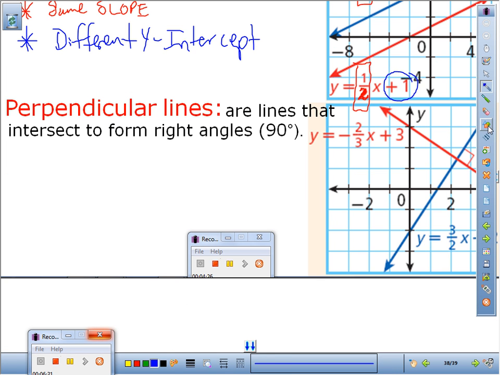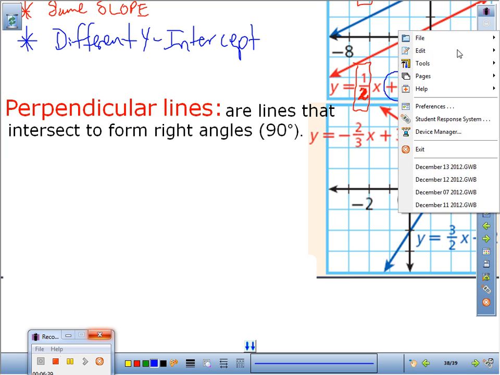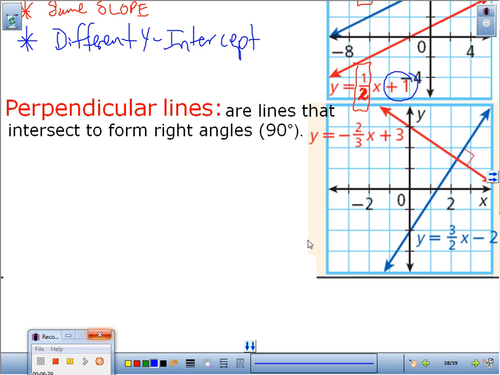Here we go. Everybody look up. Perpendicular lines. So we got negative 2/3 as a slope for this one, and this one is 3/2. Look at them. Don't say it out loud.